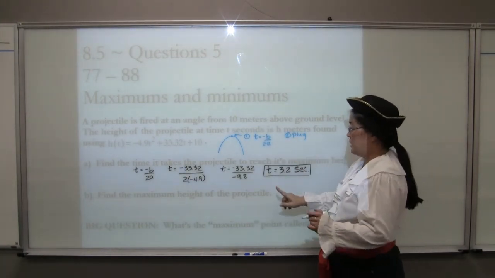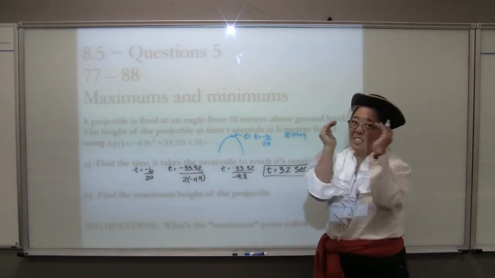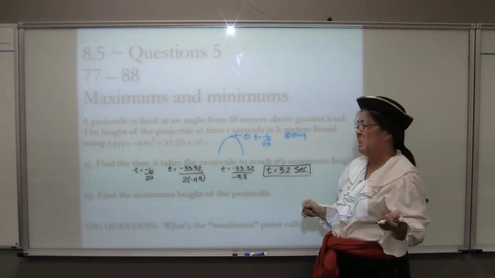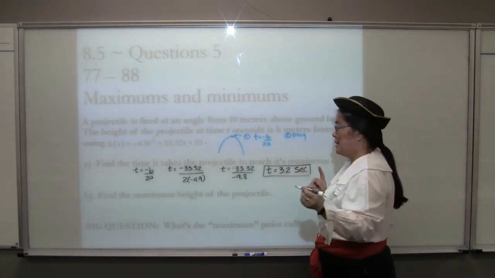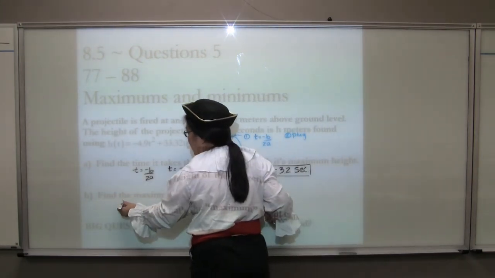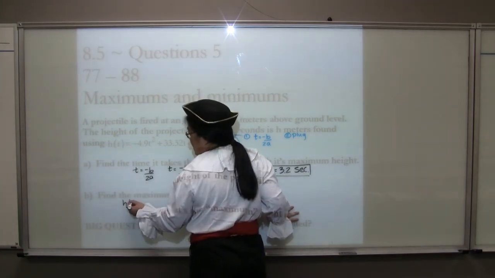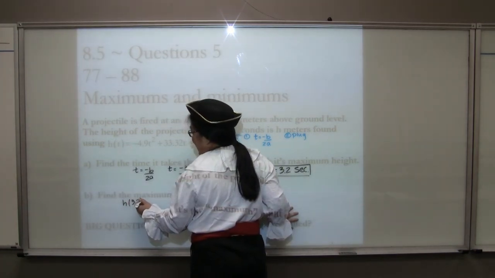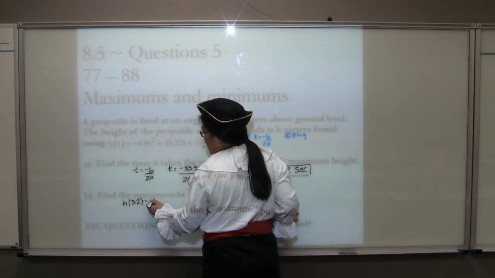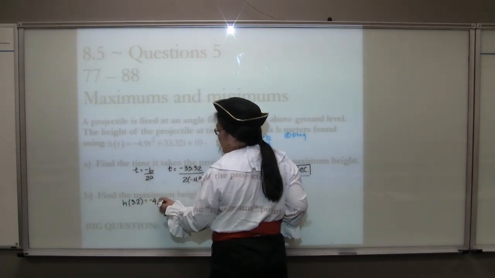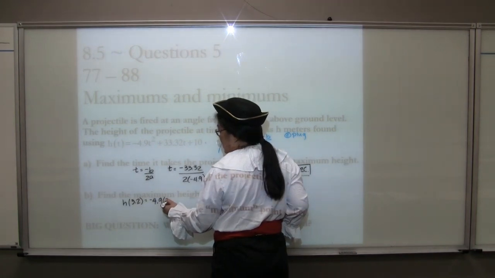Now we're going to plug it in. This doesn't have a little cute little two pieces where it's going to be equal to each other. You are going to have to plug it into that. Now, things to think about. T is equal to 3.2, so this T is 3.2, and also all the other T's are 3.2. A lot of students do not plug in on this side, in which case it's technically wrong.